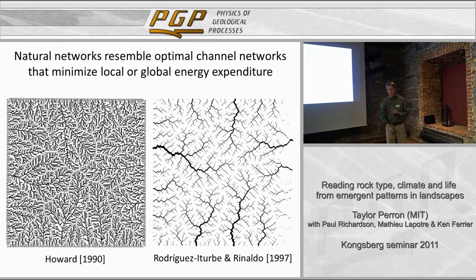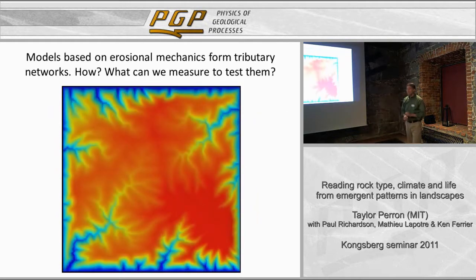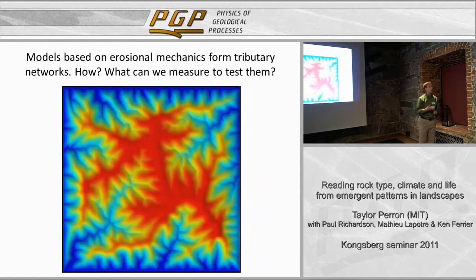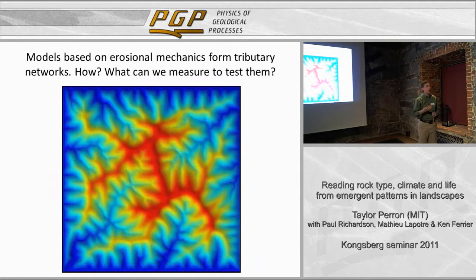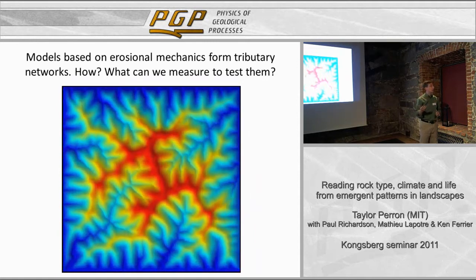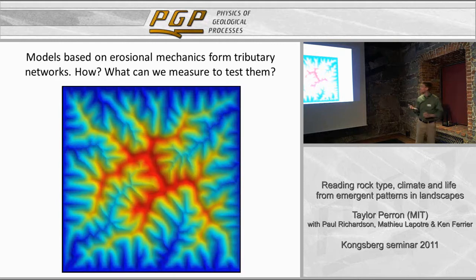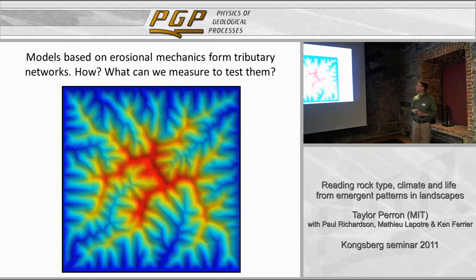So we'd like to do something that maybe can explain where these principles come from, but that also explains how tributary networks arise based on the mechanics of erosion and sediment transport. And I can tell you that the models we create of landscape evolution do generate tributary networks that emerge. And I'll tell you what goes into these types of models in a minute.